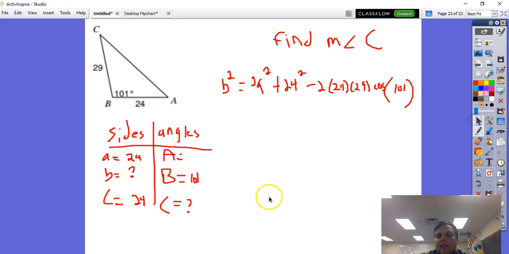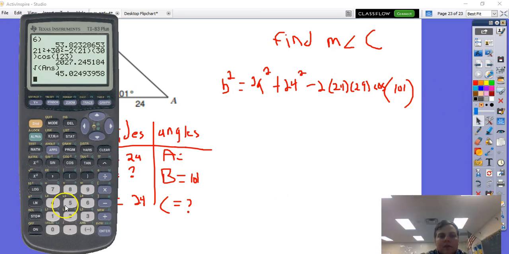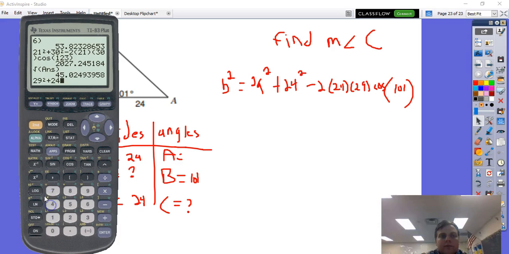So now that this is a calculator situation, I say 29 squared plus 24 squared minus 2 times 24 times 29 times cosine of 101, and I already made sure it was in degree mode earlier, so I'm good about that. So this is what b squared equals.